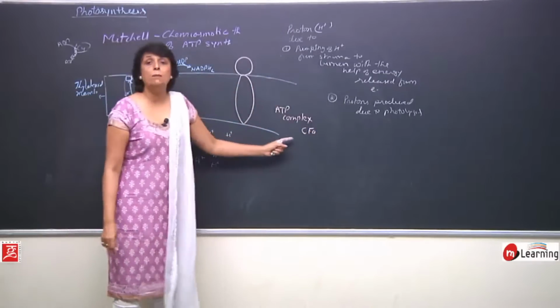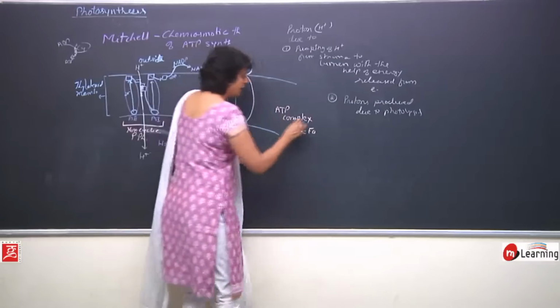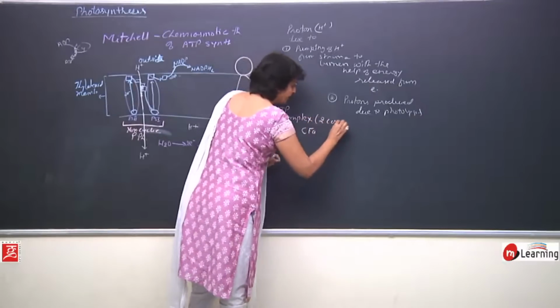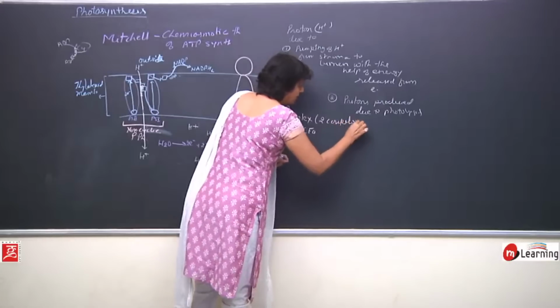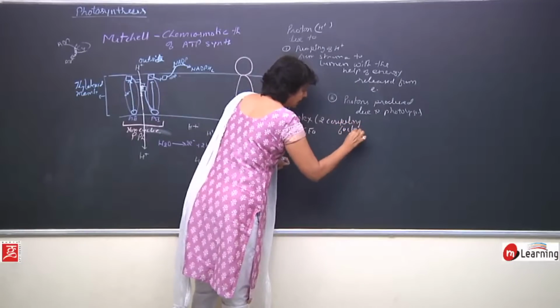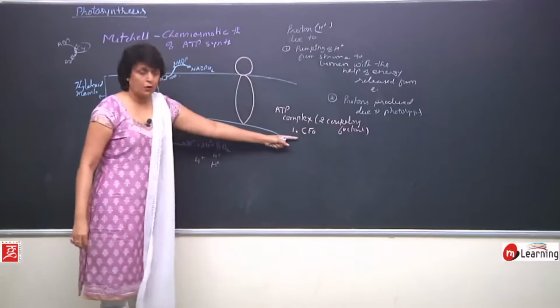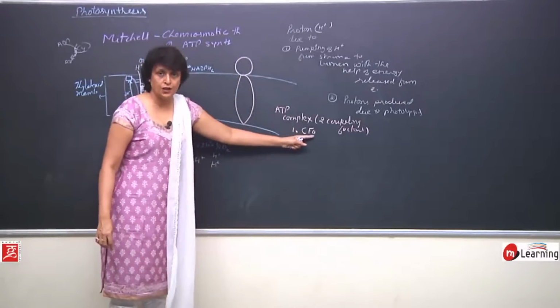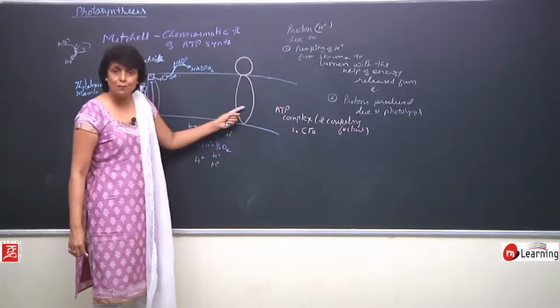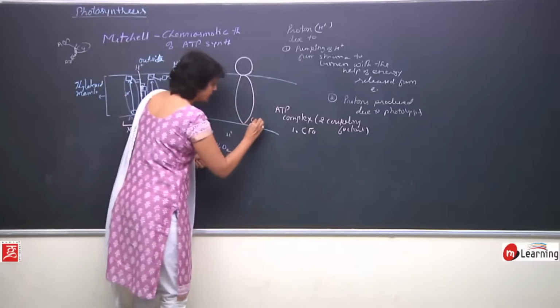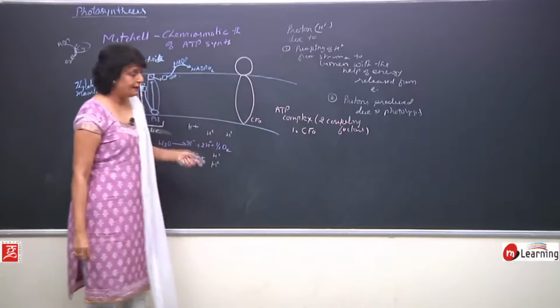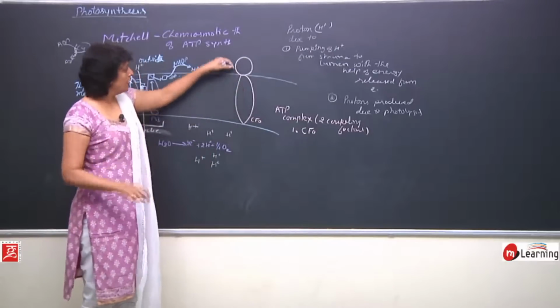C is for coupling factor. So, this ATP complex has two coupling factors. One is C for coupling factor, F0. This one, which is embedded in the membrane, is CF0, and it is an integral protein.